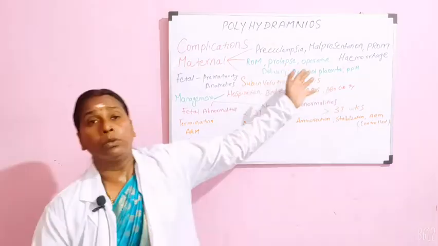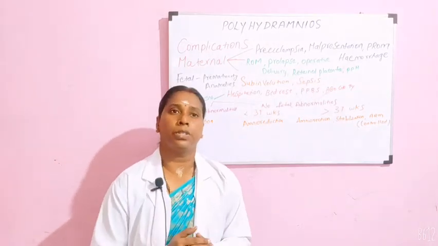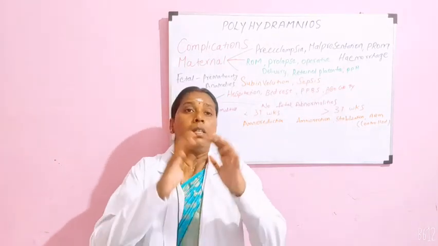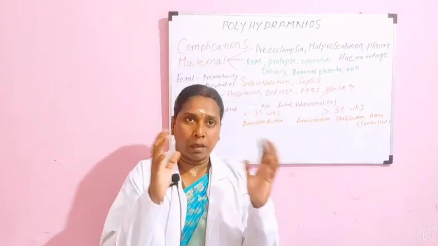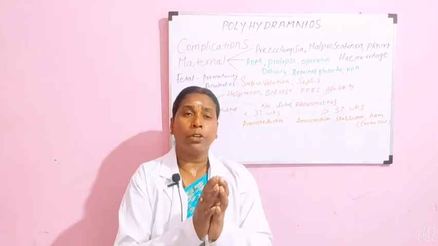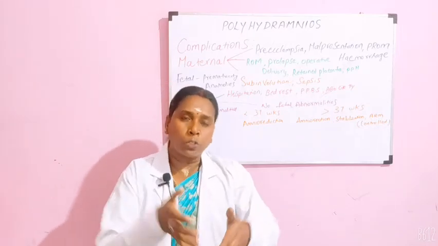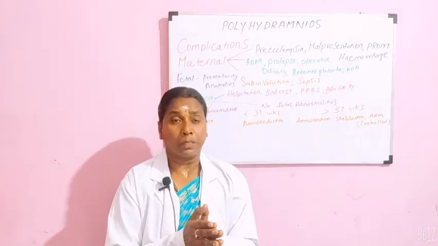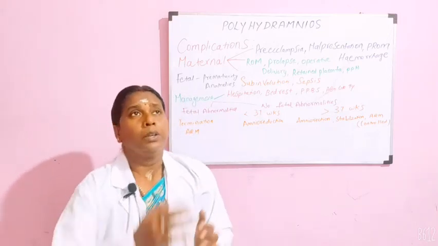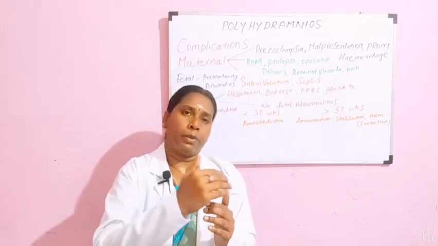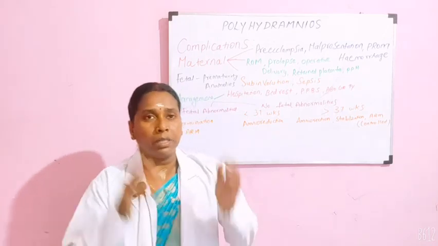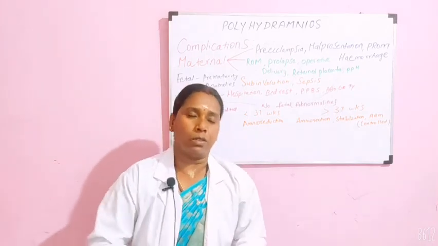And coming to malpresentation, why do malpresentations happen? It is because the woman's amniotic fluid level is very high, and because of that you cannot determine the position of the baby. So what happens during labor? During the later weeks of pregnancy, that is at term, the head has to get fixed into the pelvic cavity.